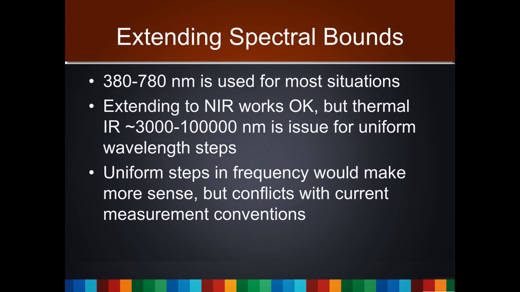And that is an issue. Like I said, frequency would make a lot more sense in terms of physics, but it conflicts with all the current measurement methods and the data that we have available. So we're kind of stuck in this place where we can't do what makes sense because everyone did the other thing already.